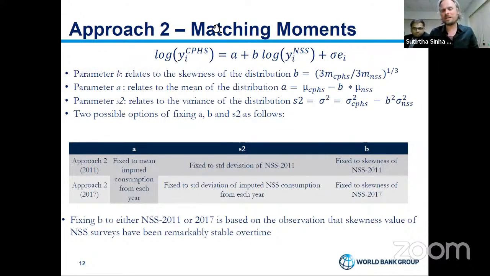We estimate the first and second moment by imputing NSS type consumption into each of the CPHS years, and those very much vary over time, because the imputed NSS type consumption is driven by the predictors of consumption, driven by changes in demographics, changes in education, changes in employment status, changes in asset ownership, housing characteristics, and so forth. So to the extent there is growth, and to the extent that that growth is picked up by changes in education, employment, housing conditions, asset ownership, etc., then that should be adequately accounted for.